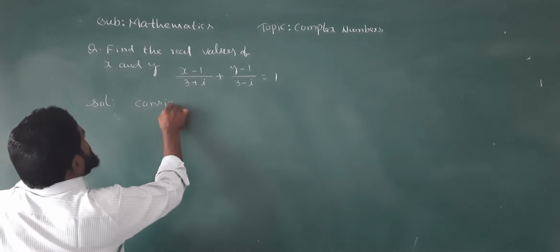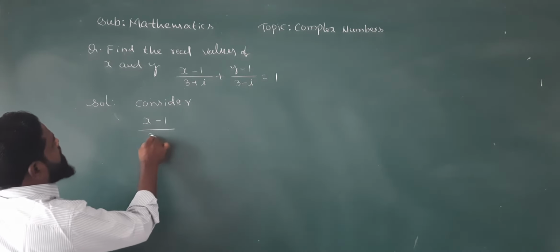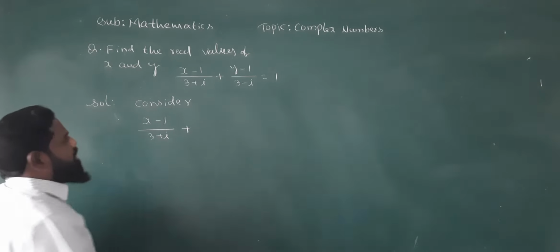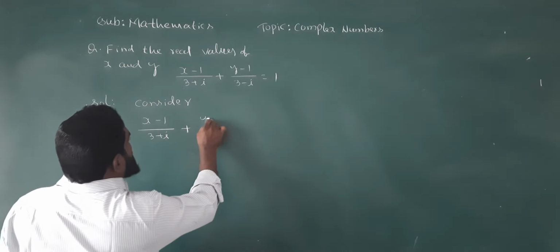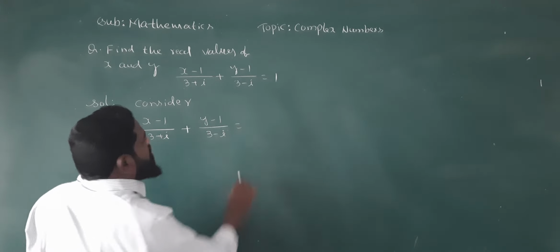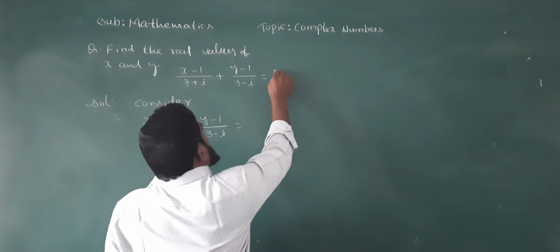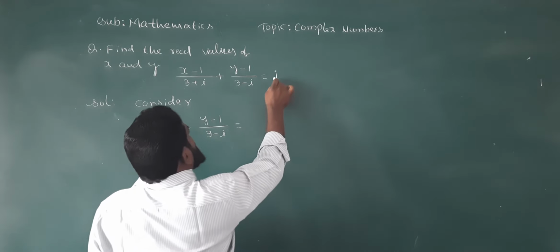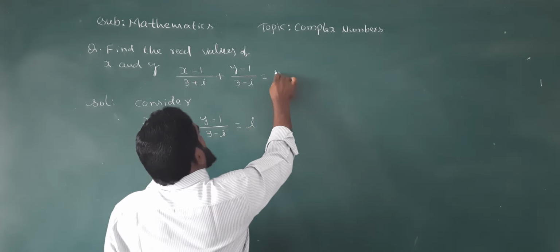Consider (x minus 1) by (3 plus i) plus (y minus 1) by (3 minus i) equal to i.